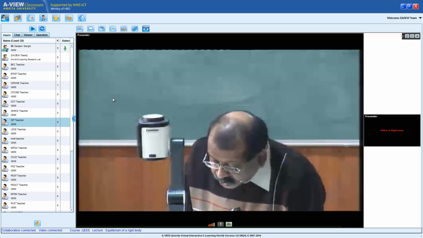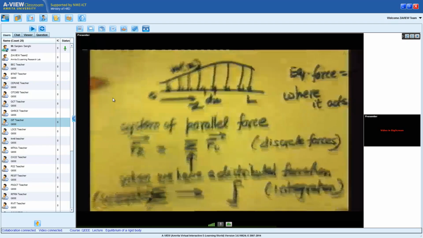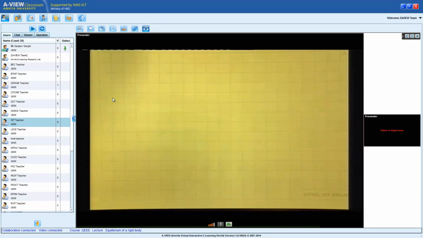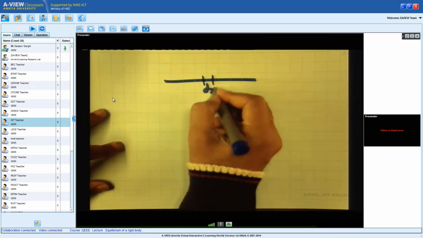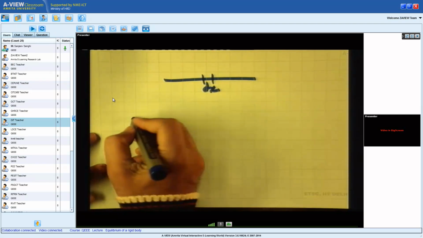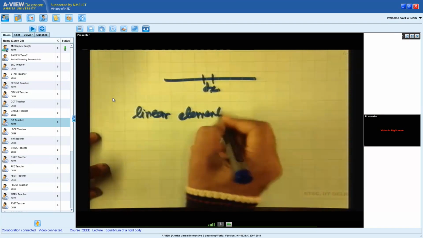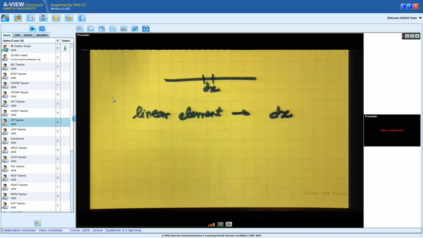What we do is we choose, so I'll go on a new page. Whenever we have a distributed function, we want to sum over it. Please get to this technique. We choose an element. In this case, our function is distributed over a line, so we choose a linear element, and for a straight line an element dx.